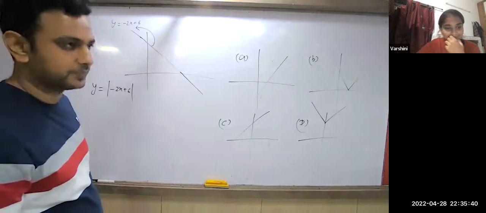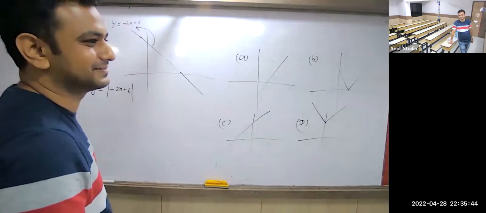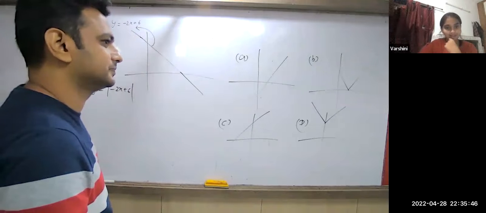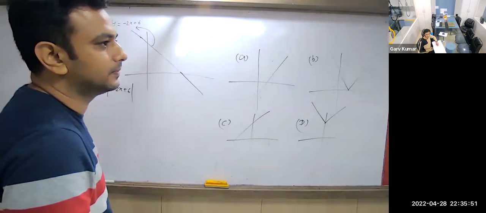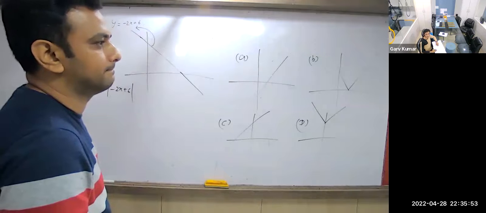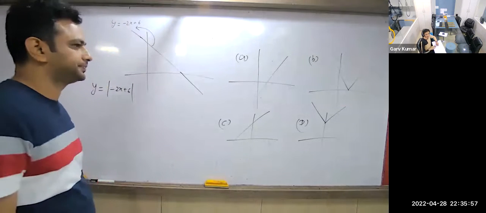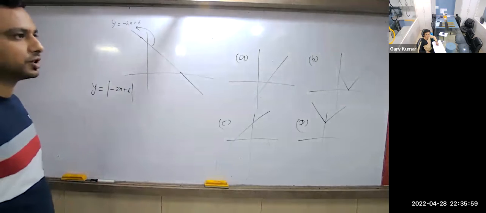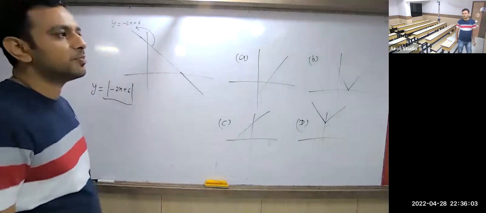No, but your answer is correct. Oh, but how, sir? Sir, there is a mod, so the value inside the mod should always be positive. Even if the answer is negative, it would always be positive. Okay, very good. I told you mod will always give you a positive value.